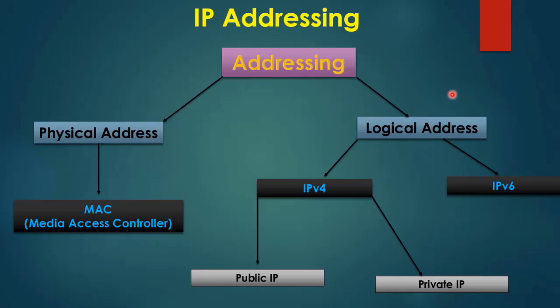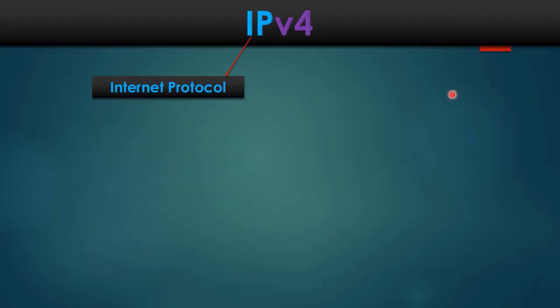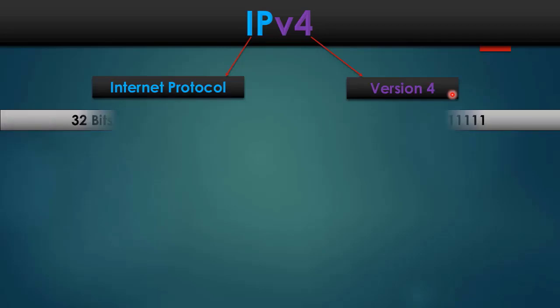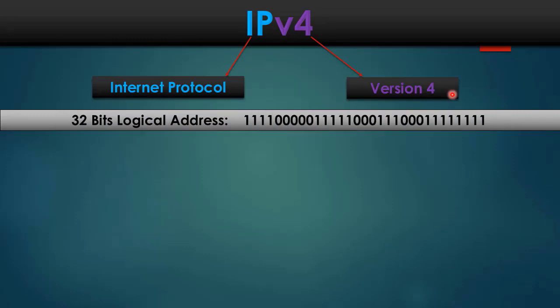Now we will discuss IPv4 in detail. IP stands for Internet Protocol. V4 stands for version 4. IP is a 32-bit logical address. It means it has a 32-bit binary number.